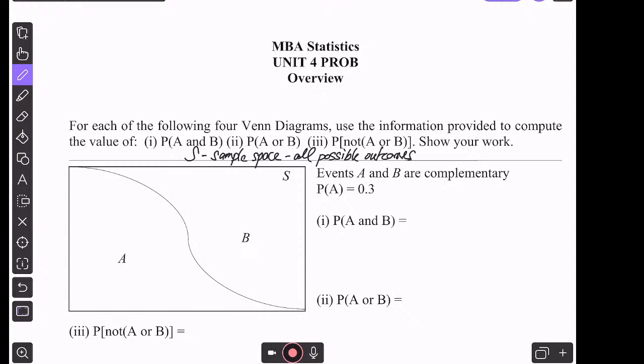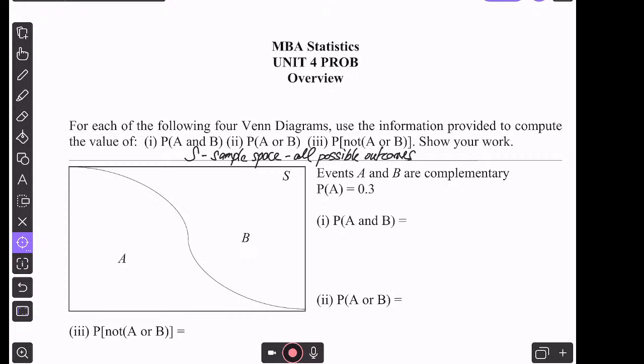So what does this tell us? There's two possible outcomes and only two. So if you know that A occurs, you know you're here, that means that B could not have occurred. There's only two possible outcomes, and if one occurs, the other one cannot occur, given the way I've drawn this.